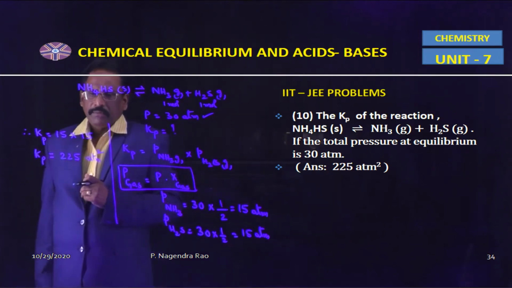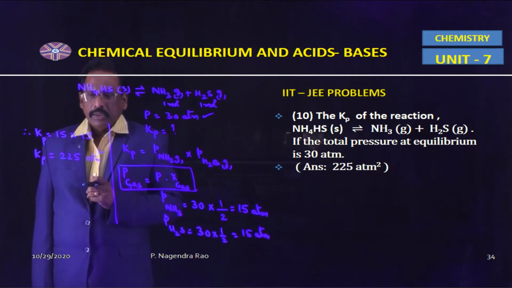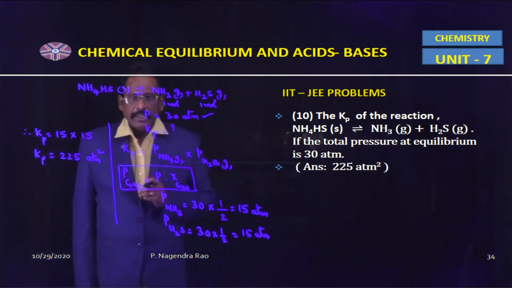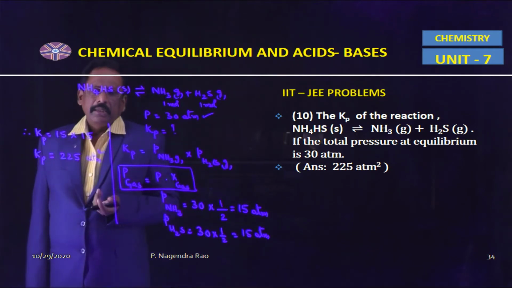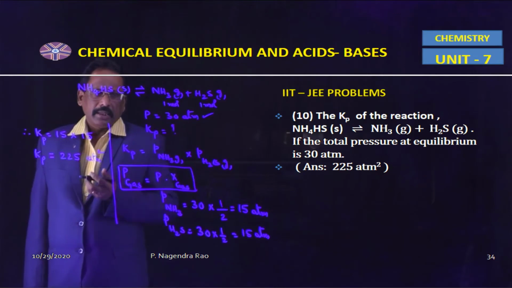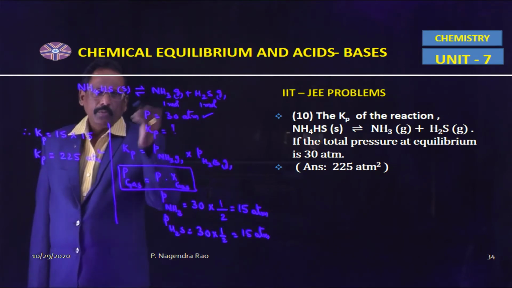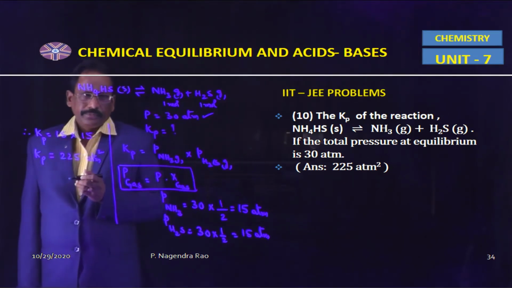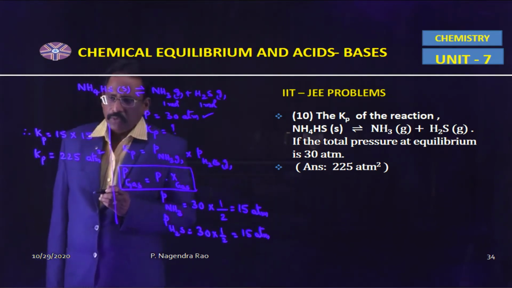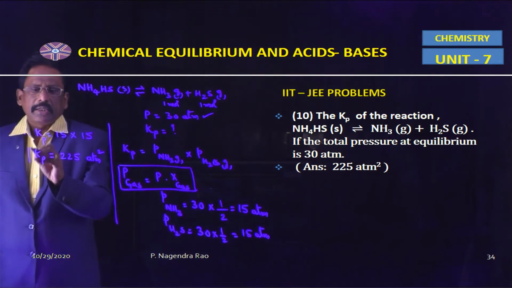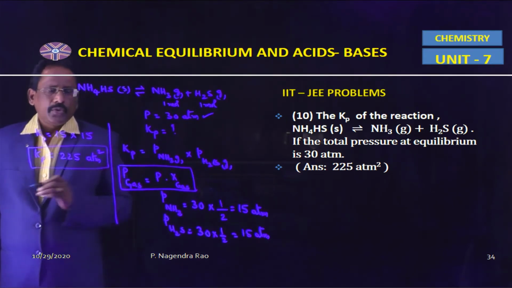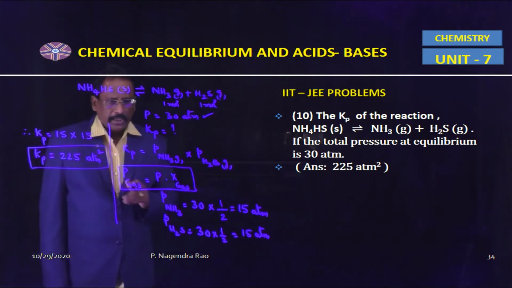Because the unit of Kp is bar to the power delta n or atmosphere to the power delta n. Here delta n is equal to 2 minus 0, that is equal to 2. So Kp is equal to 225 atmosphere square.